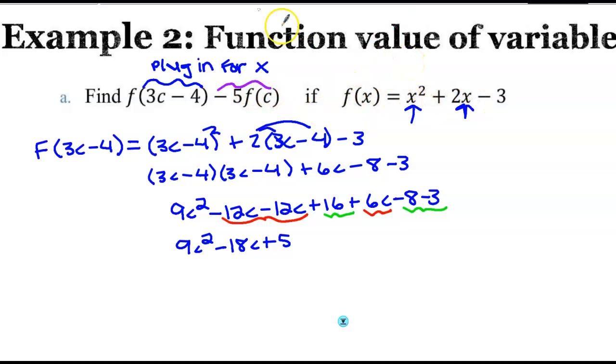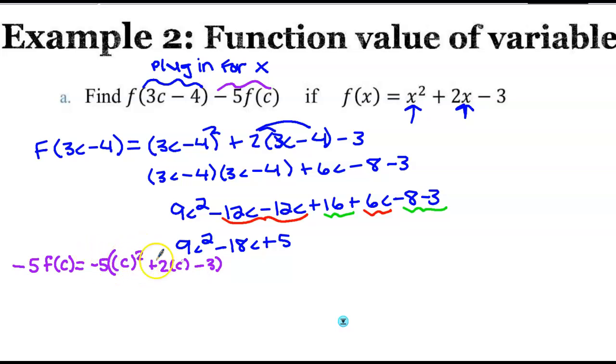And for the x, I'm going to replace it with c. So negative 5 times f of c will look like this. Negative 5 times, everywhere I see an x, I'm replacing it with c. c squared plus 2 times c minus 3.